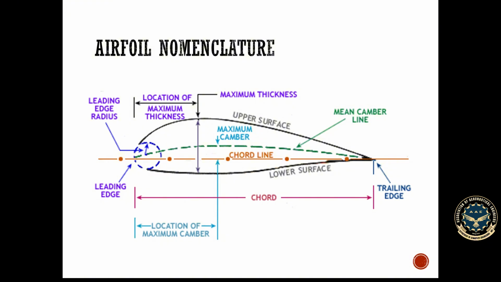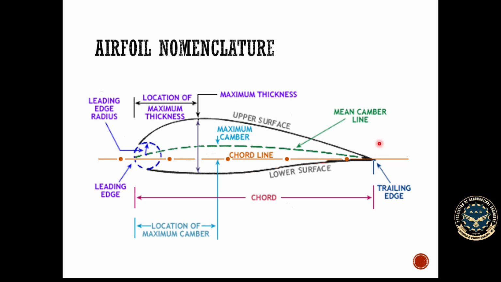So here you can see this is your airfoil, and this is the leading edge. Leading edge is the most front part of an airfoil, which experiences the airflow first.